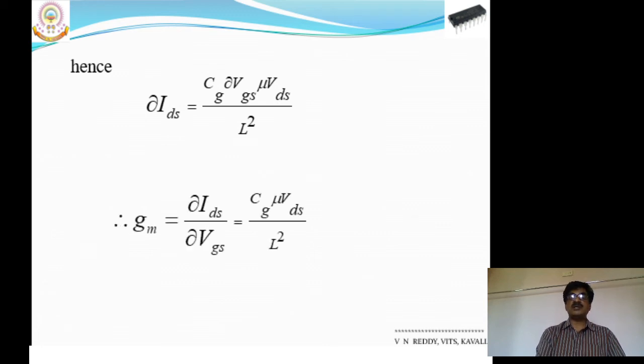So GM equals Cg mu VDS by L square. This is the equation for the GM, and it shows on which parameters the GM value depends: gate capacitance, mobility, the drain to source voltage, and channel length, right?